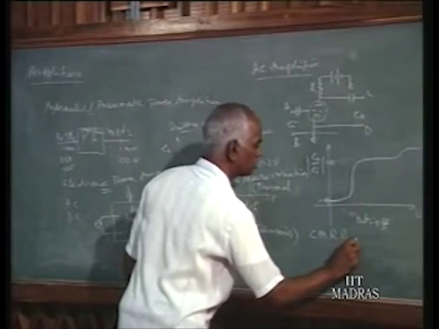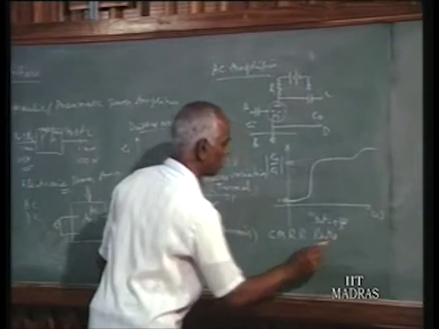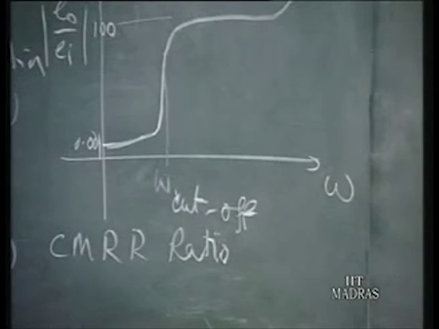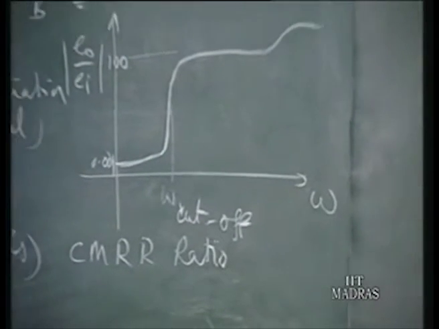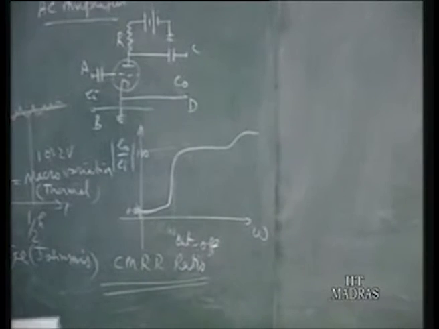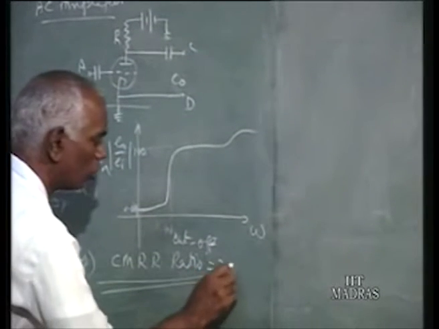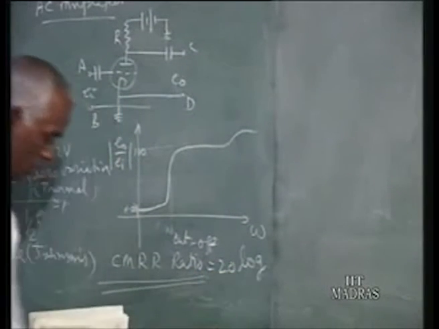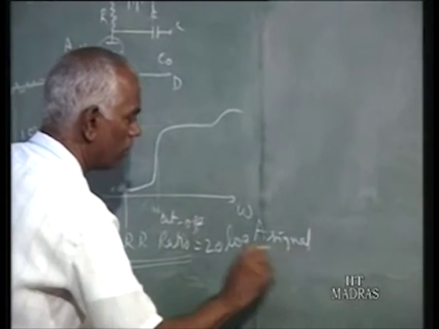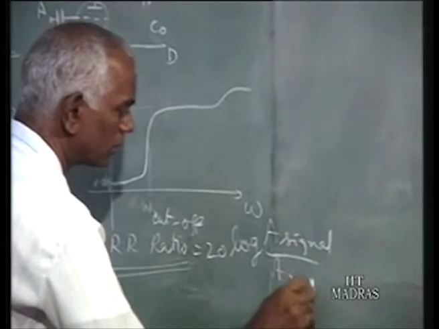Another characteristic of the AC amplifier is the CMRR, the common mode rejection ratio. It indicates the capacity of the AC amplifier to eliminate the noise signal. CMRR is 20 log of A signal by A noise.